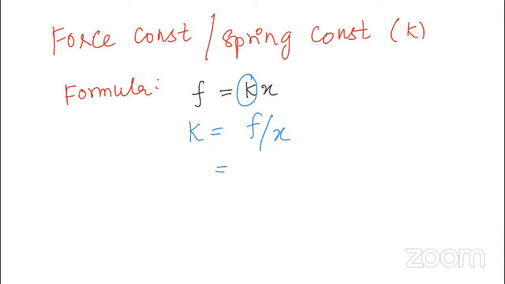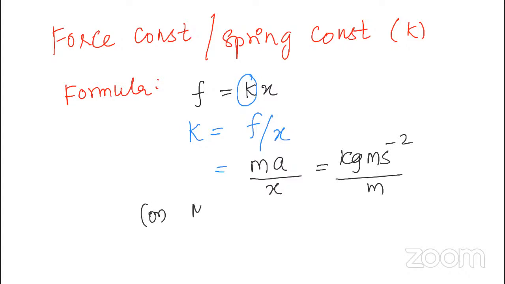So now we can convert it into units. So F, which is nothing but the force, that is MA by X. Simply we are writing kg meter second power minus 2 divided by M, or we are writing the dimensional formula directly, that is M L T power minus 2 divided by L. We just cancel it, L, L. So remaining M T power minus 2.